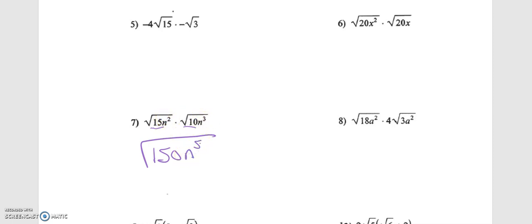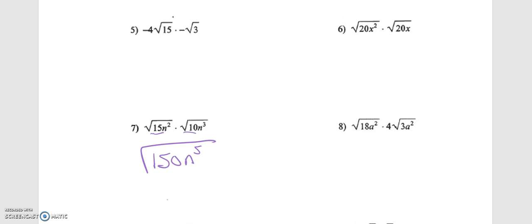Same exact thing. Sometimes people have questions about number 5 because they're like, oh, there's a 4 and a negative on the outside. No problem, multiply it. What's negative 4 times a negative 1? Well, negative times negative becomes positive, and then deal with the 15 and the 3. That's going to become 45. And then, of course, again, just as the front, deal with that 45.